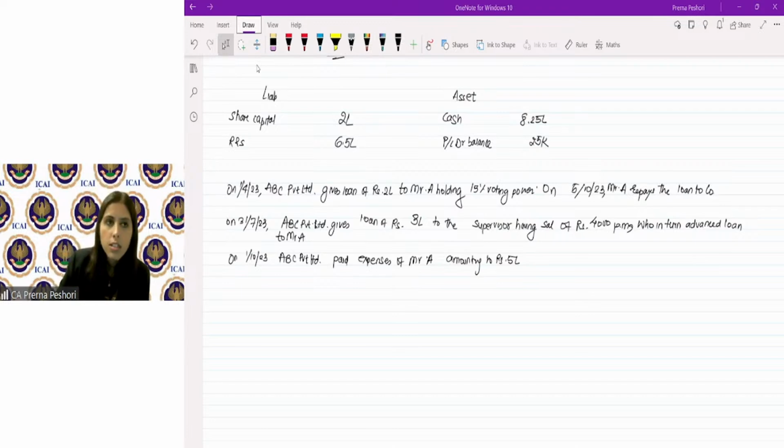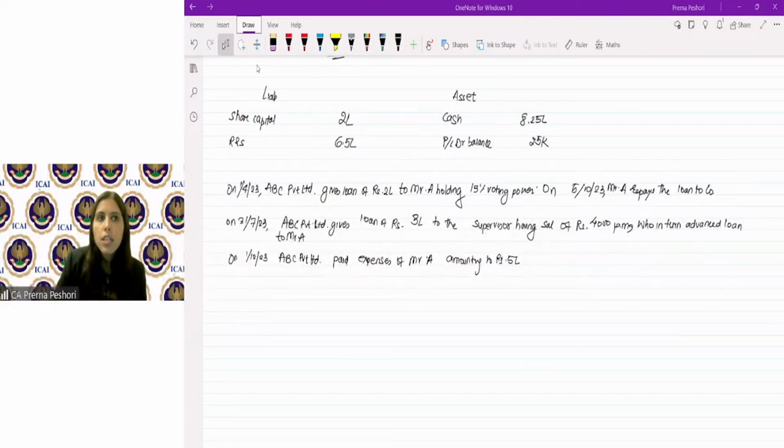Faster, students, please. So in the first scenario, repayment of loan will not have any implication.